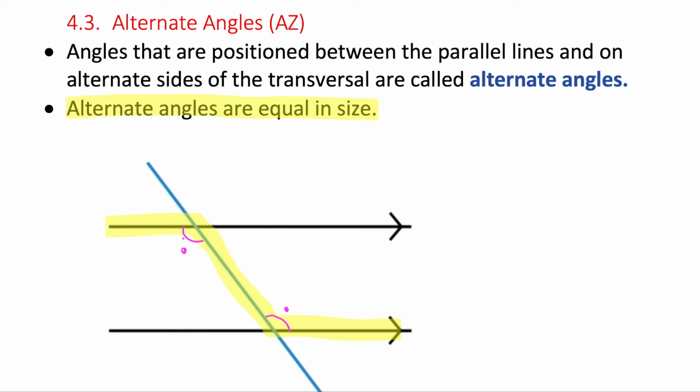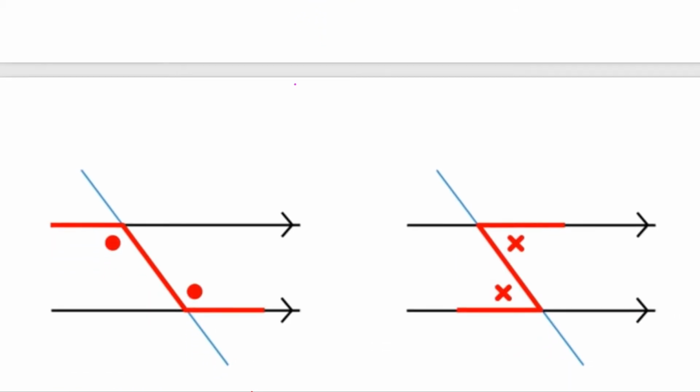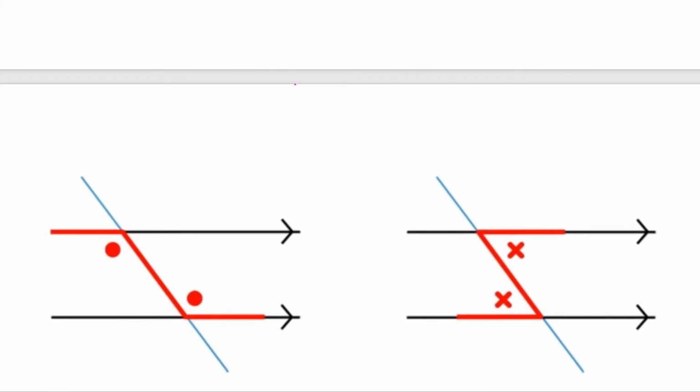So this one is to the left and this one is to the right, therefore they're going to be the alternate angles and they're going to measure the same. So if we look at the diagram here, we can see here the two types of sets that I can have, the one that I drew or reflected to the other side. Then you can see the other two angles that are alternate angles. Wonderful. Please copy this in your notes.